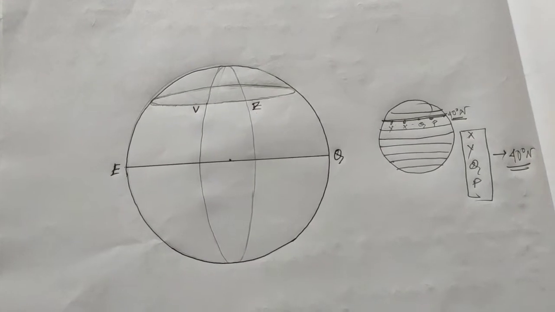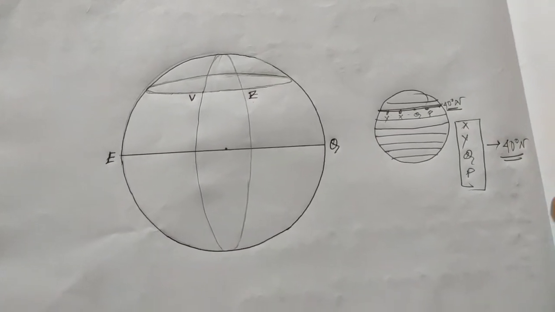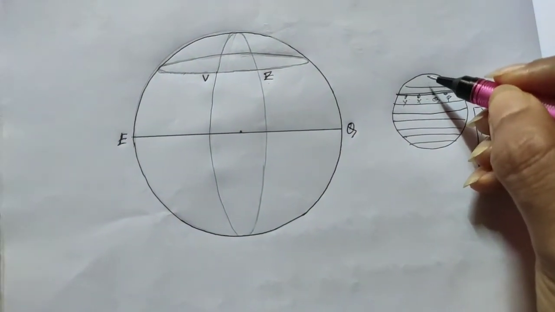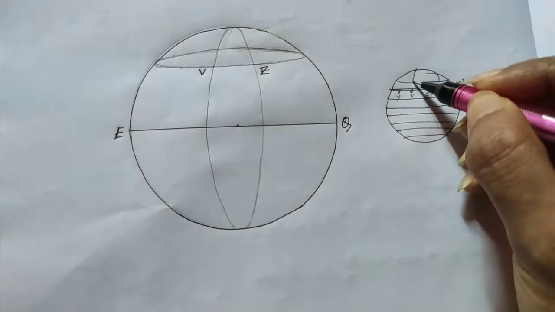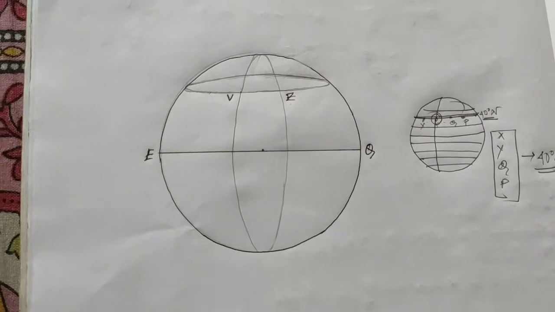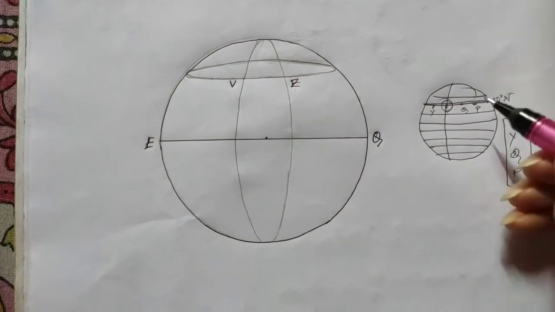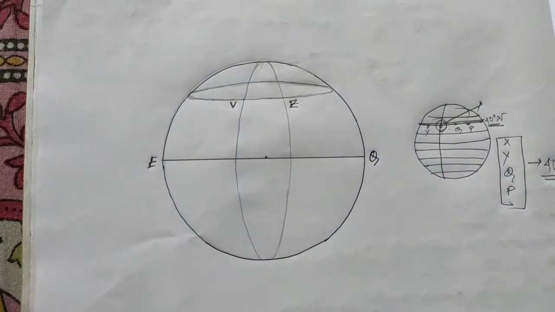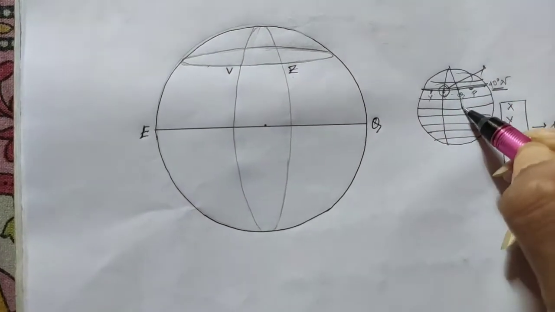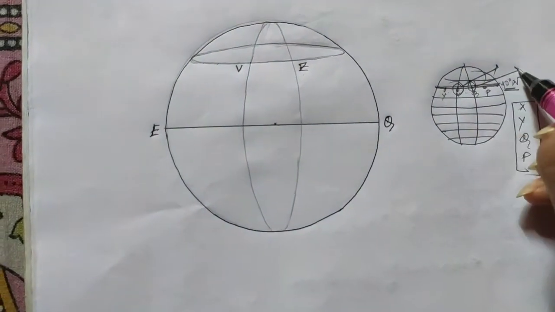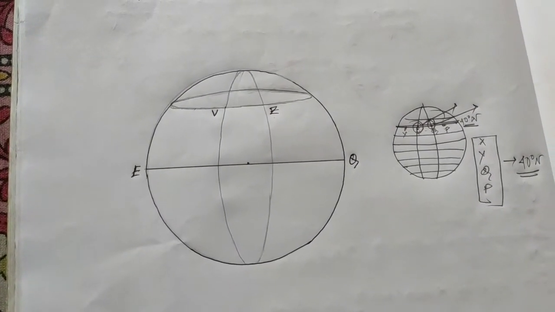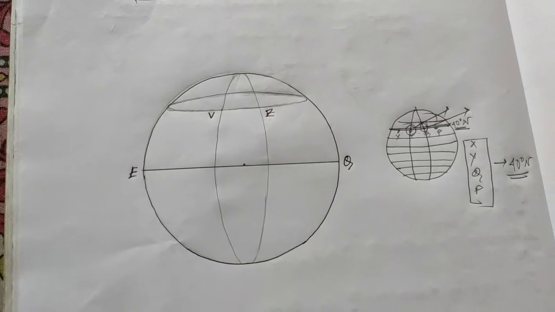Next, in the last class I said how we understand the location of a place, where the longitudinal line and the latitudinal line intersect. That intersection portion determines the location of that place.